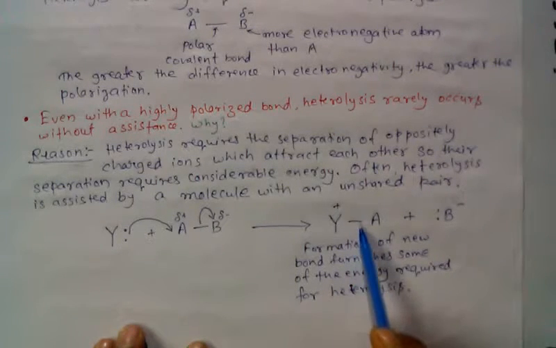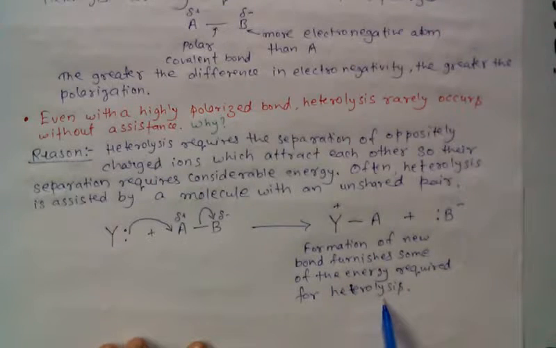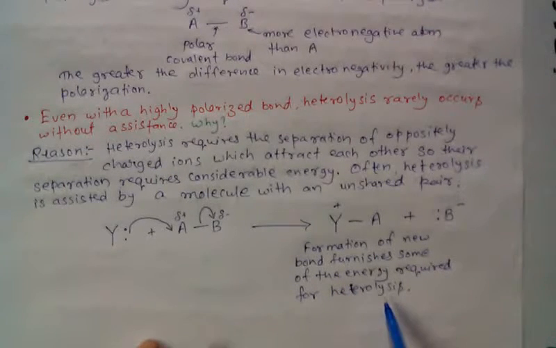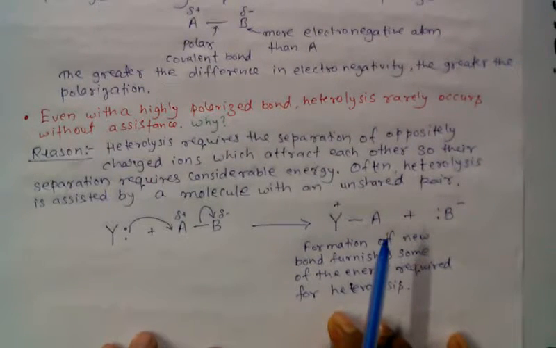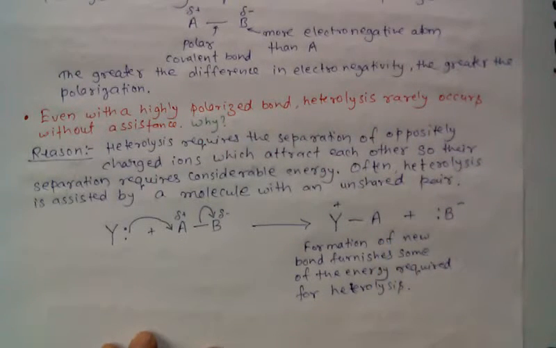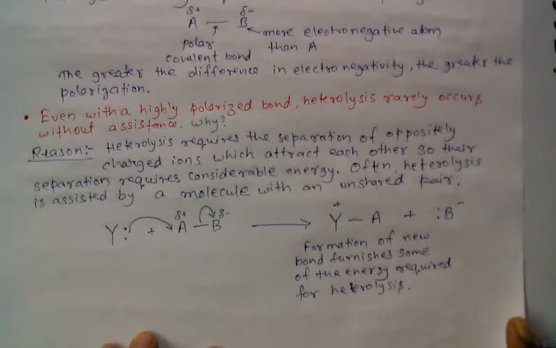So this is the new bond which formed. The formation of a new bond furnishes some of the energy required for heterolysis. So this was all about bond cleavage. In the next video we will see the Bronsted-Lowry definitions of acids and bases and the Lewis definitions of acids and bases. Thank you.